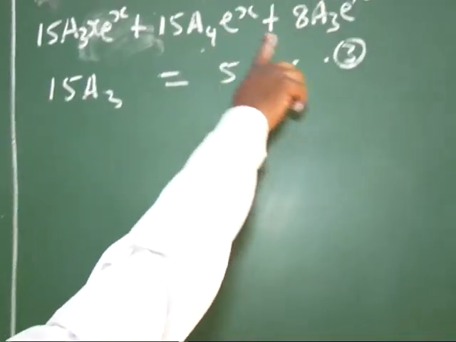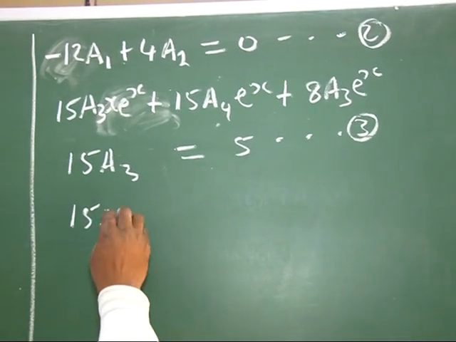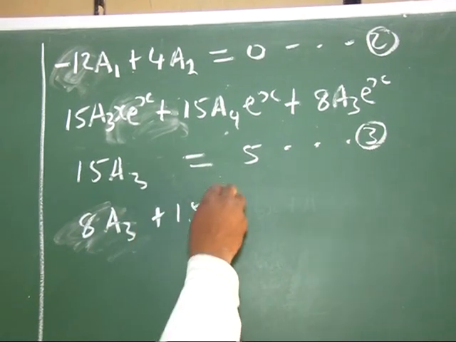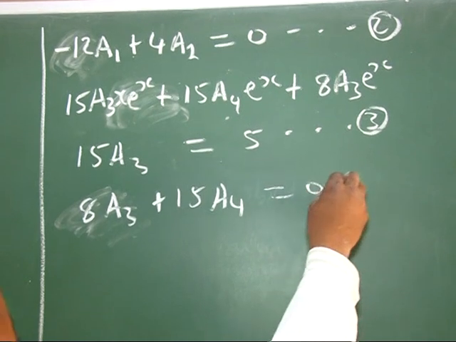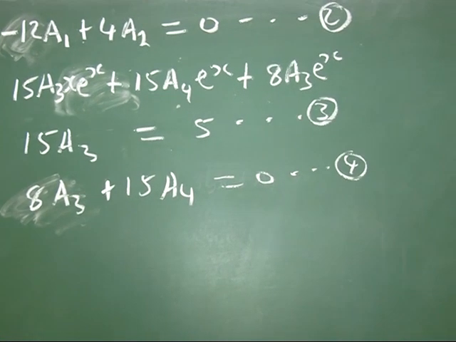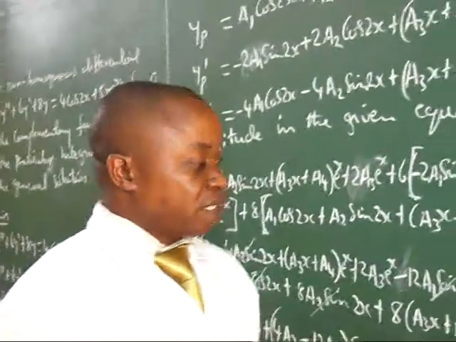Another one, let's start with a3, that 8a3 plus 15a4 is equal to 0. That is equation 4. Because we don't have exponential that is standing alone, that's why we equate this to 0.